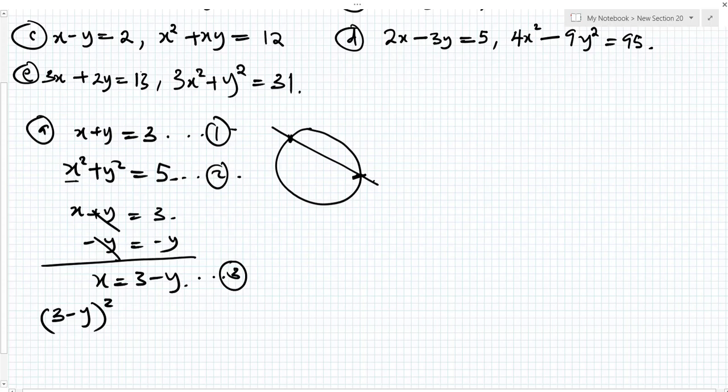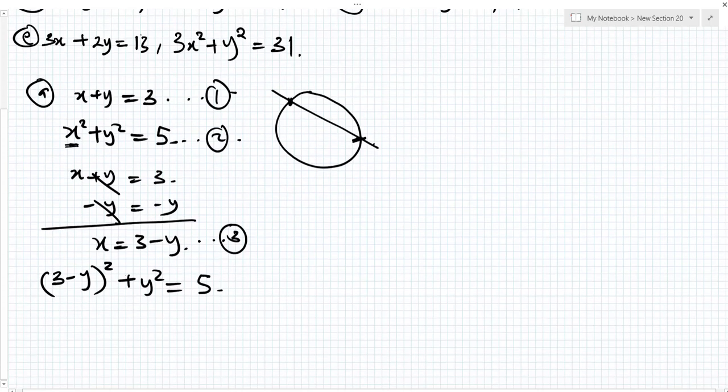So I'm replacing x with 3 minus y, since in equation 3 x is equal to 3 minus y. Now if I expand this, I will have 9 minus 6y plus y squared equal to 5.